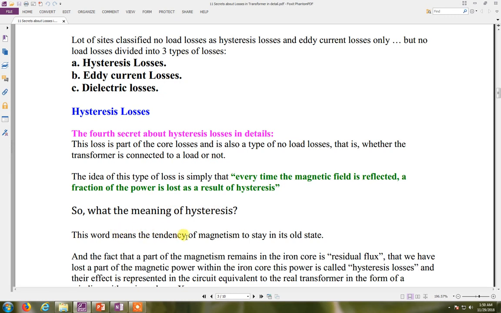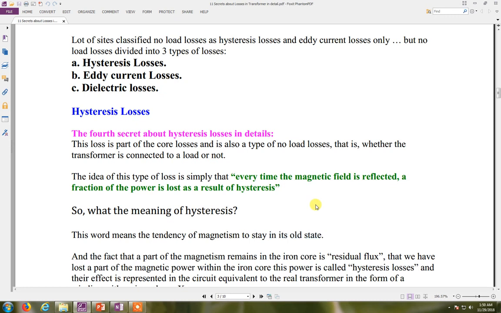This word means the tendency of magnetism to stay in its old state. According to Newton's laws, the first law states that everything stays in its own state. That means if we do not apply any force on it, it will stay the same as the present state.